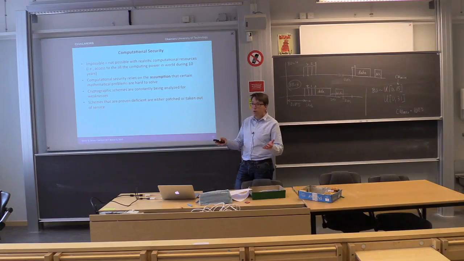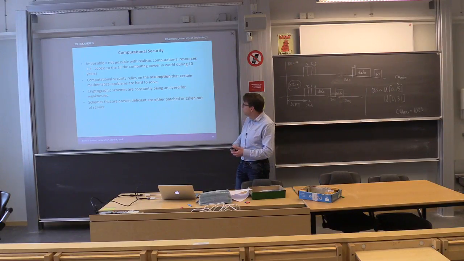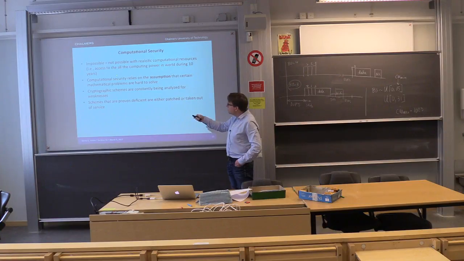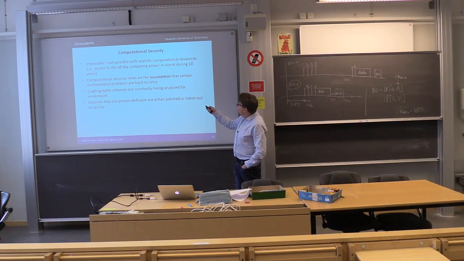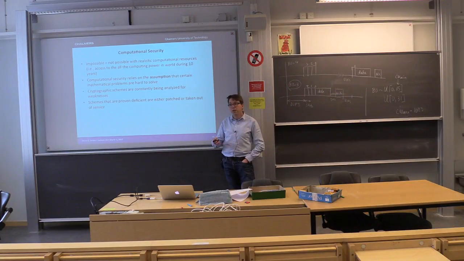If we are afraid of somebody who's hacking this with their own 15-year-old PC, then maybe we should not be so careful. We don't need to be so careful. So computational security basically means that it's expensive and time-consuming to breach the security that we are providing, but it's not impossible.